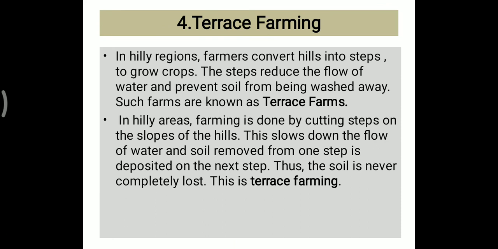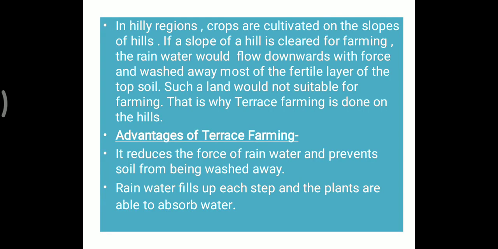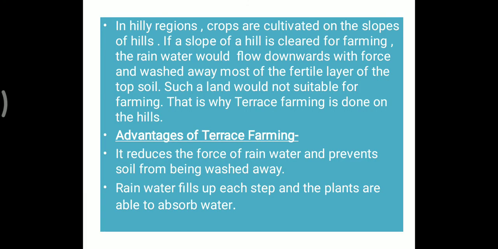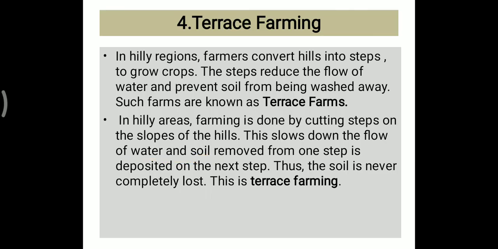Okay, so now students, let us go to another method of soil conservation, that is terrace farming. If you have been to a hill station, you might have seen that the hills are basically in the form of slopes. So if a farmer grows crops on the slopes, then all the fertile soil will wash away with the rainwater.